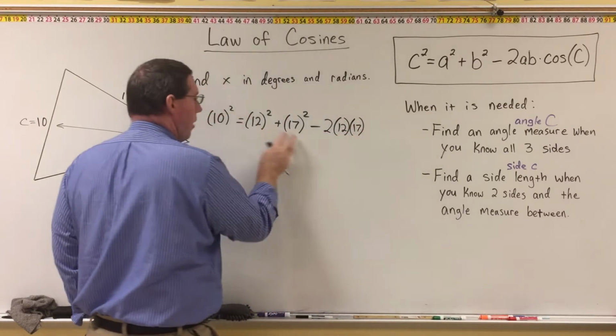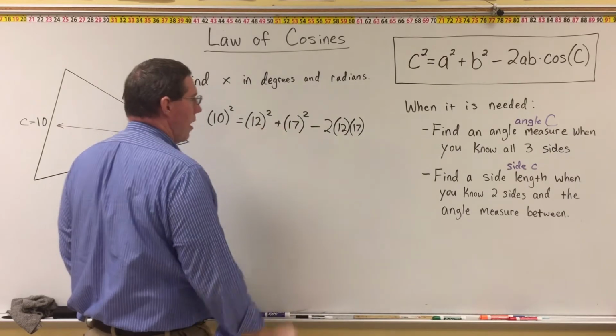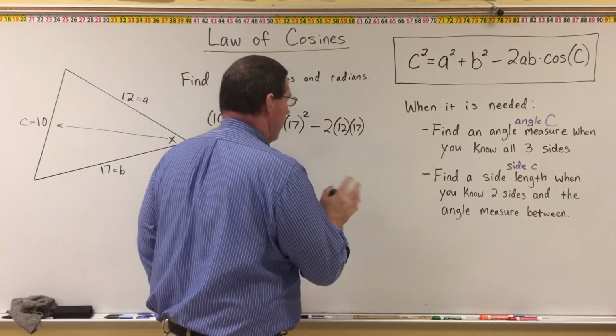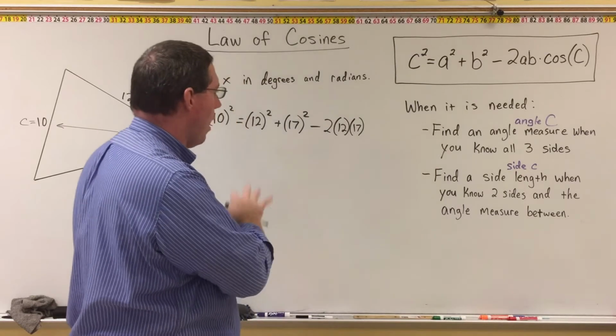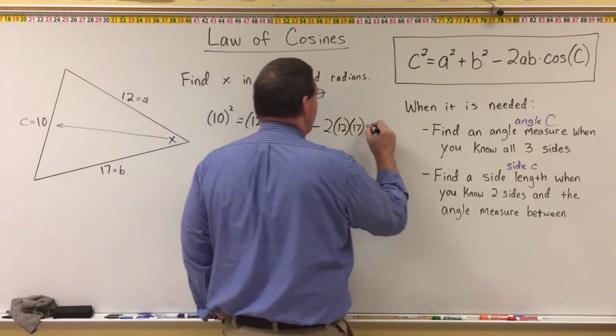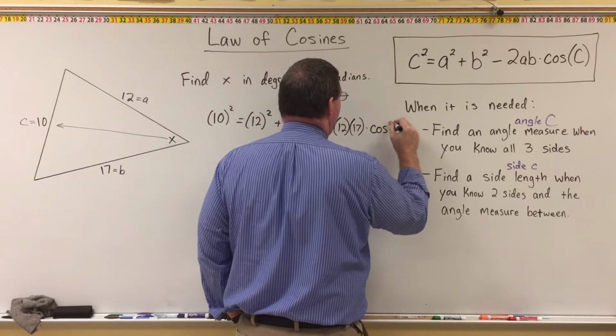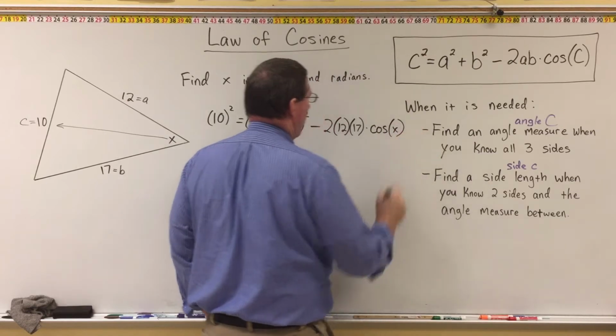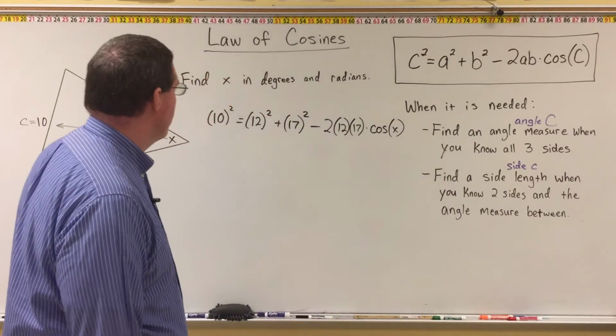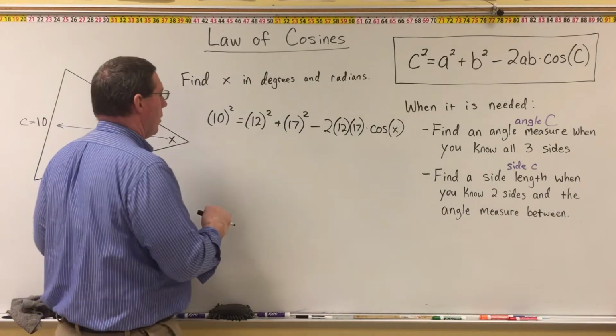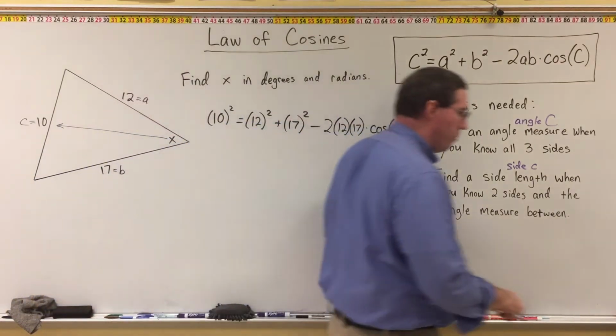Now it doesn't matter, I told you before, which one's A and B. And there are a lot of mathematical reasons why it doesn't matter in the formula. And then we're going to say times cosine of x, because x is what we're solving for in this case.